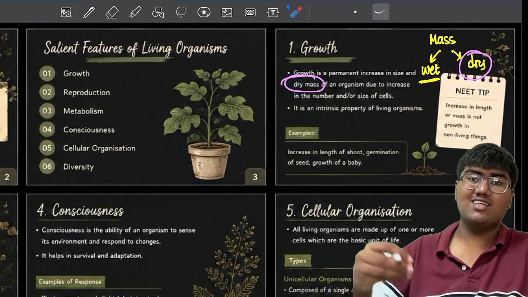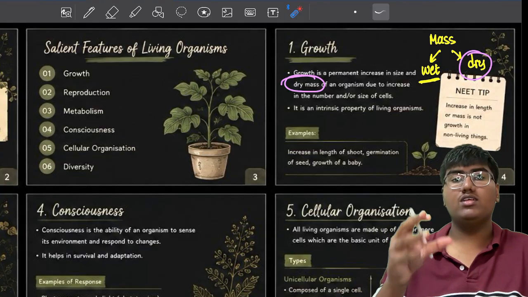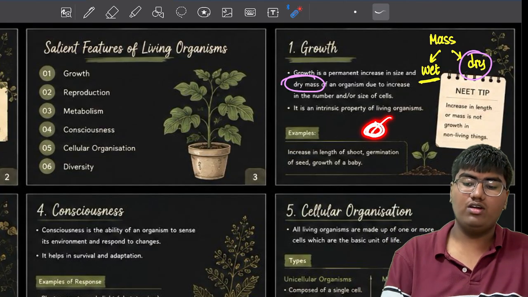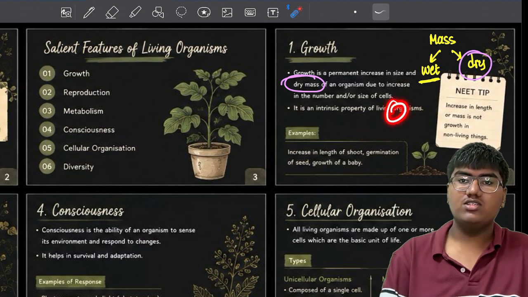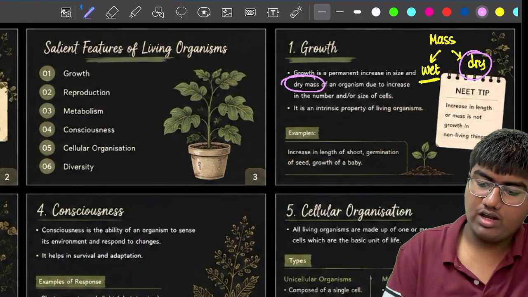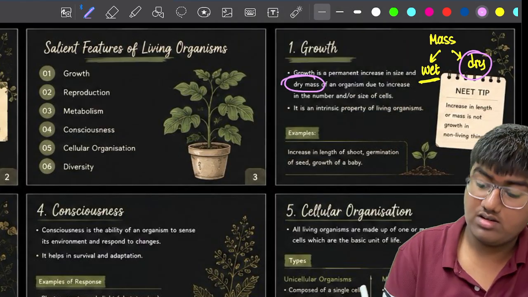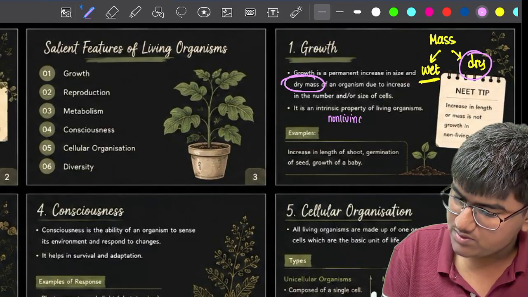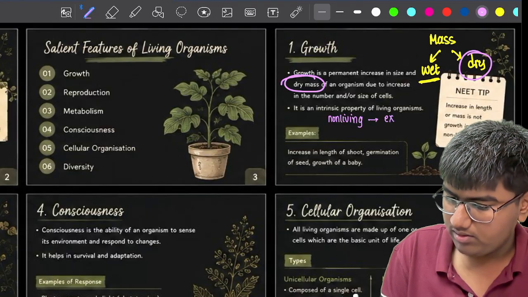We are not increasing the same stone, nothing is increasing within the same stone. For example, if this is a stone, I'm not increasing anything inside it. We are just piling up stones together. That is why in non-living things growth is extrinsic.